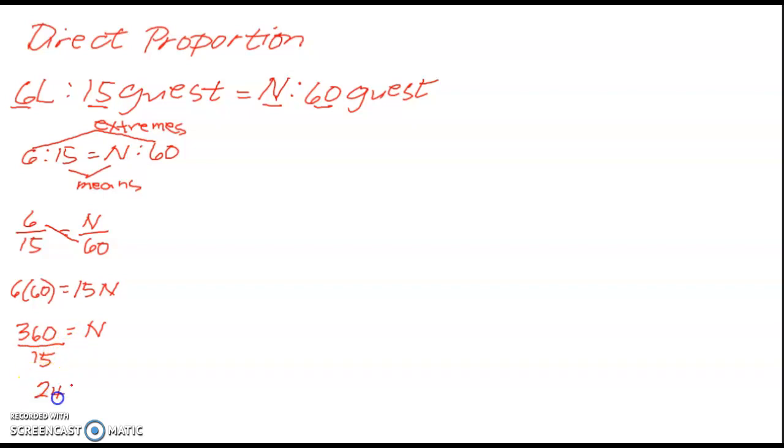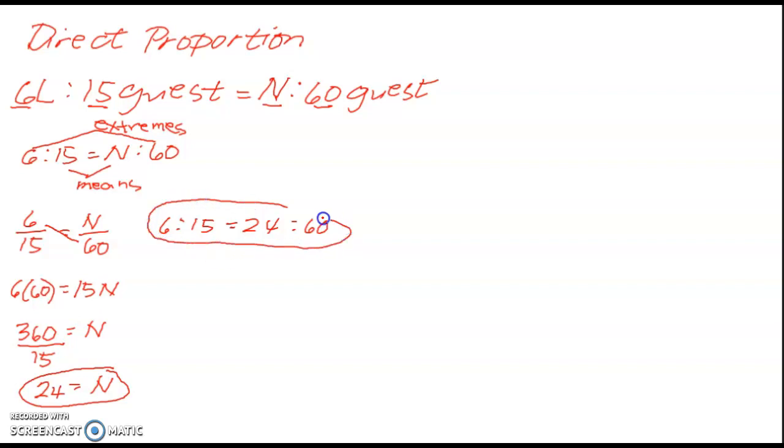Yes, 24 equals n. So this is now our answer, the unknown n. Does it make sense that if you serve 6 liters for your 15 guests, you will need 24 liters for your 60 guests? So this is now the direct proportion.